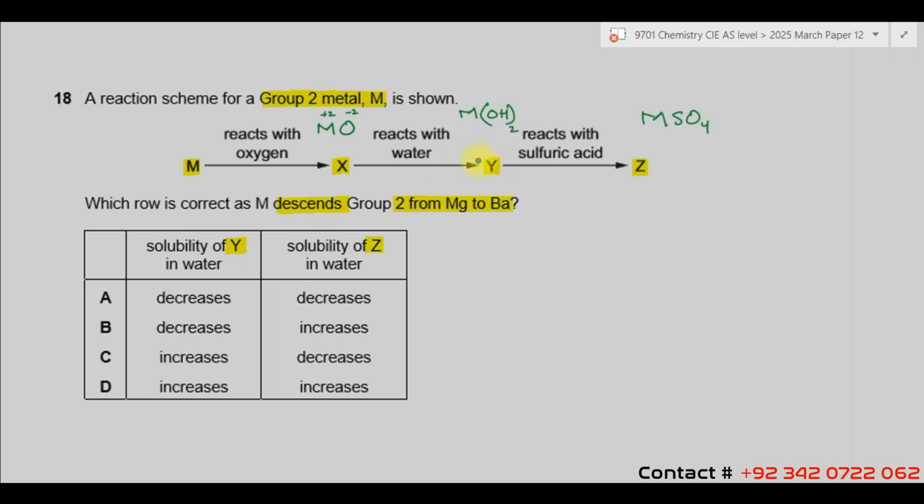Okay, so they are talking about the solubility of hydroxide and solubility of sulfates. So group 2 hydroxide, when we move down the group, solubility increases. That's why barium hydroxide is the most soluble.